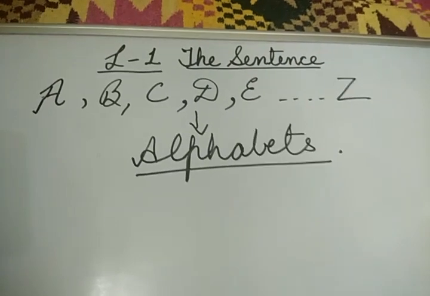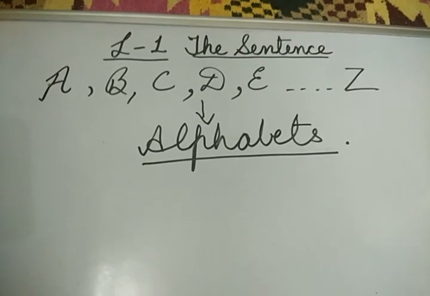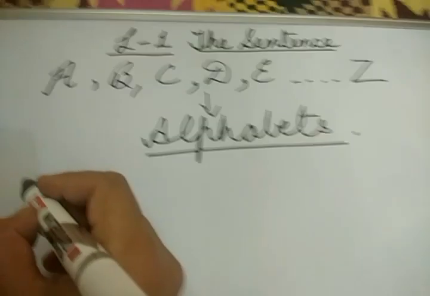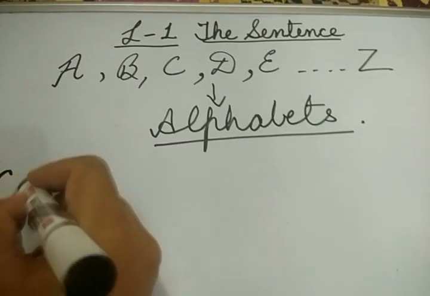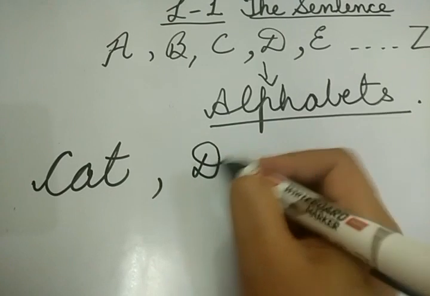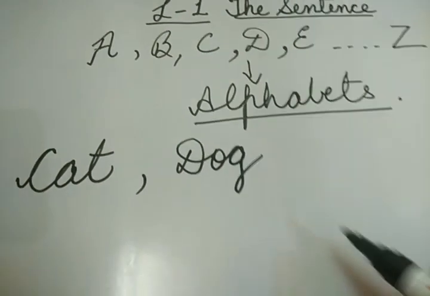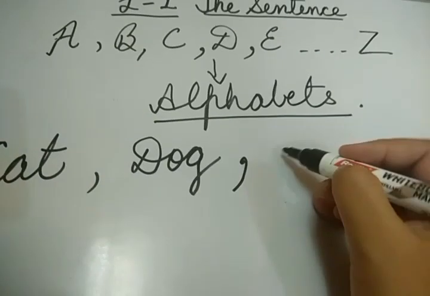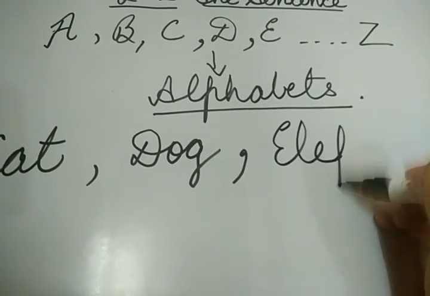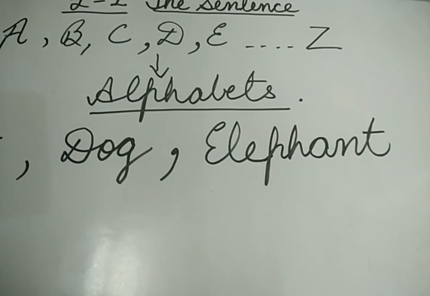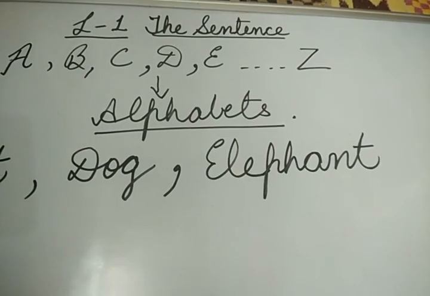With the help of these alphabets, what do we form? We make the words. Like suppose I write the word C-A-T, cat. Then I write dog, D-O-G, dog. Then I write elephant, E-L-E-P-H-A-N-T, elephant.